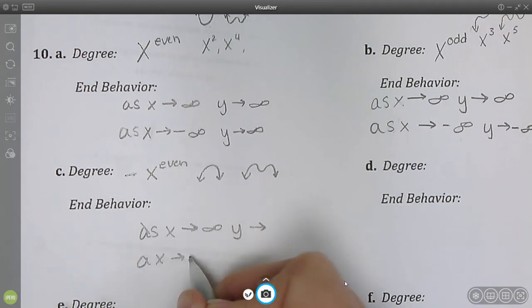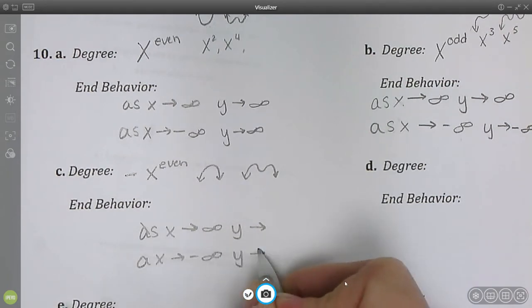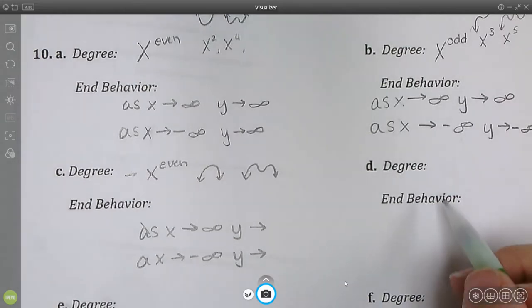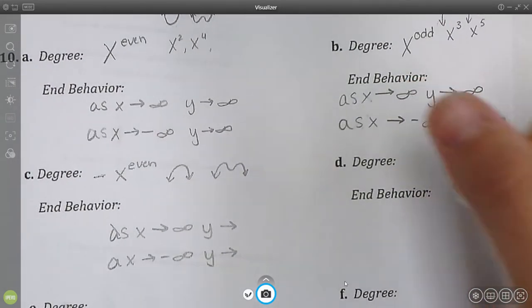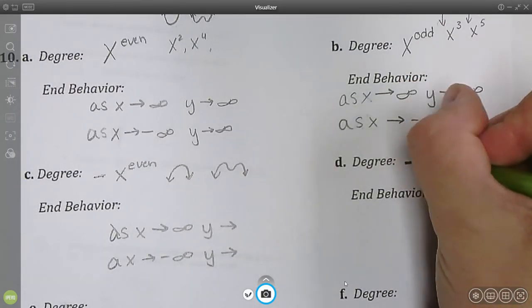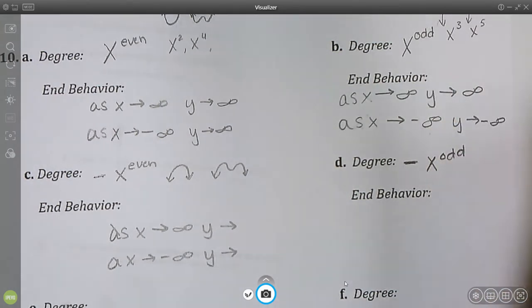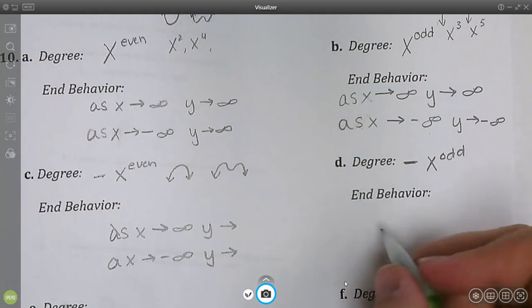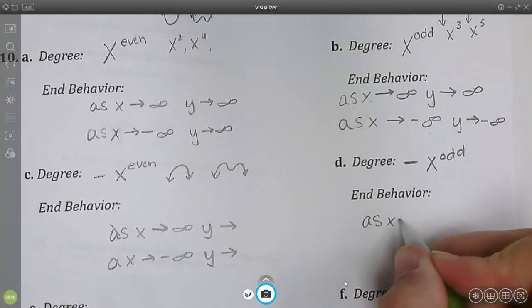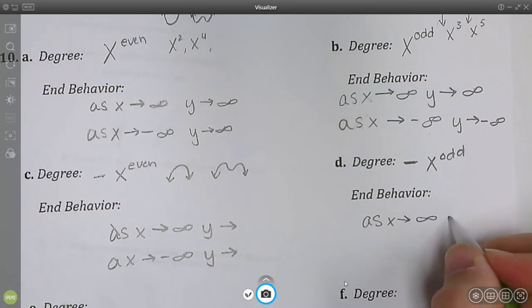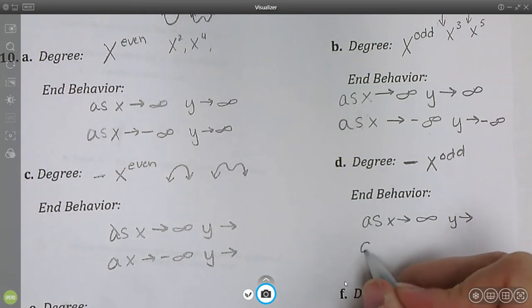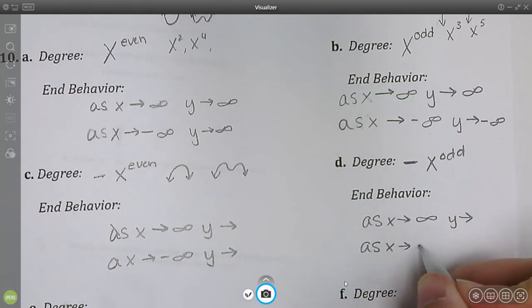As x goes to negative infinity, y goes to something. And then this one, we have negative x to the odd. So this one is also going to be as x goes to infinity, y goes to something. As x goes to negative infinity, y goes to something.